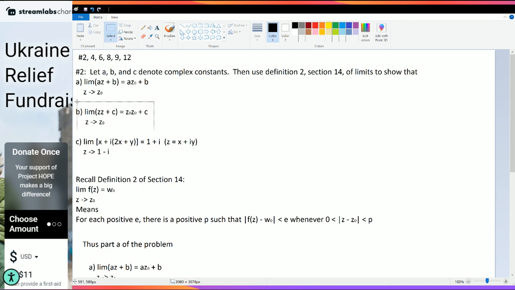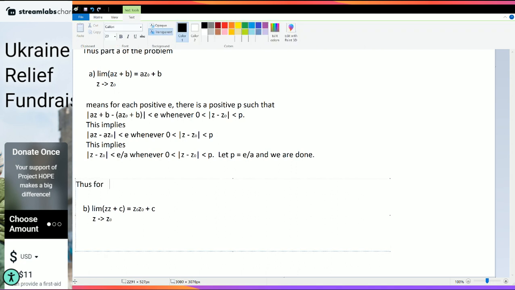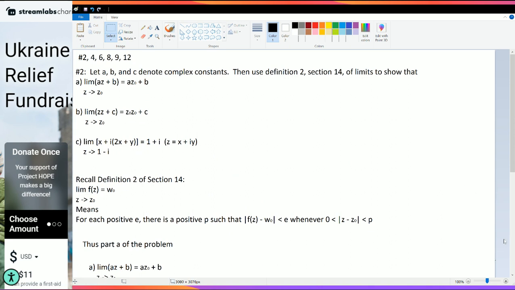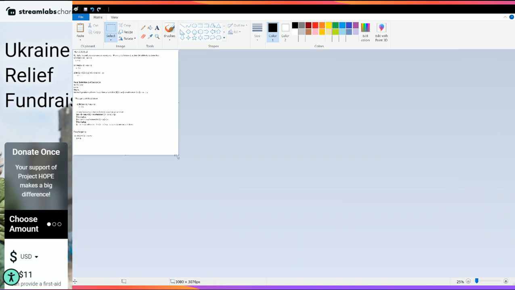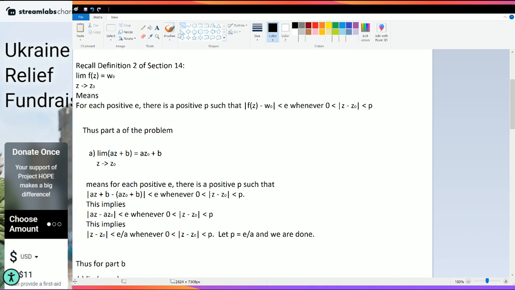What does this mean for part B? So thus for part B, let's make that smaller, make this longer. Draw a line right here.